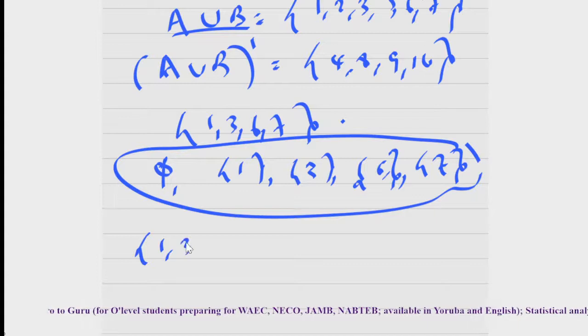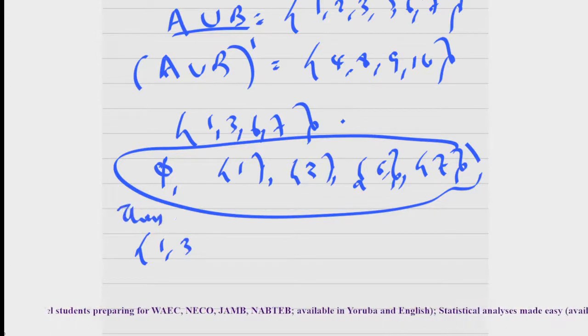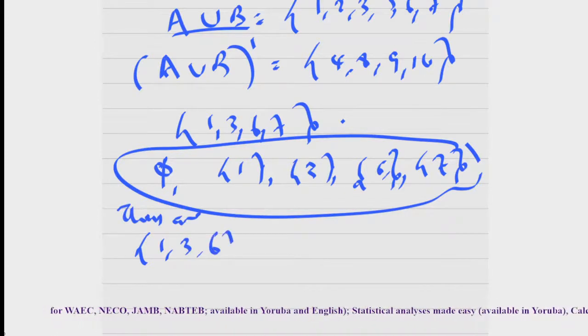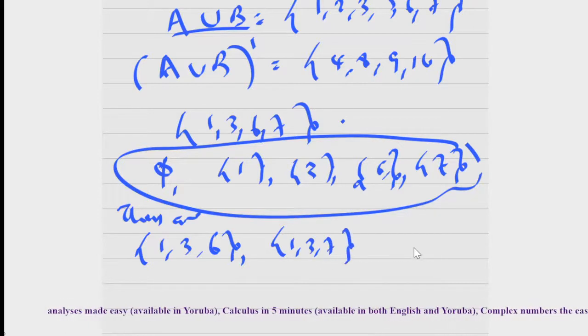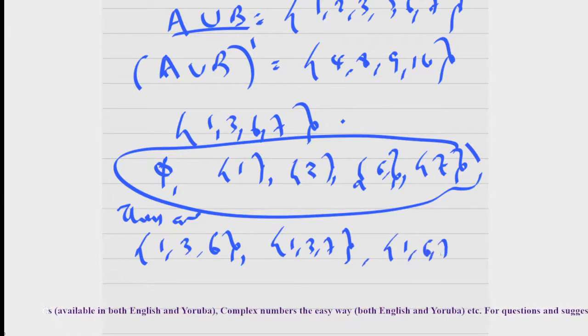Then that's going to be: I can have 1, 3, 6. Is that a lie? You understand now? Then I can have 1, 3, 7. Then I can still have 1, 6, 7, because I've married 1 with 3 and 6, 1 with 3 and 7, then 1, 6, 7.